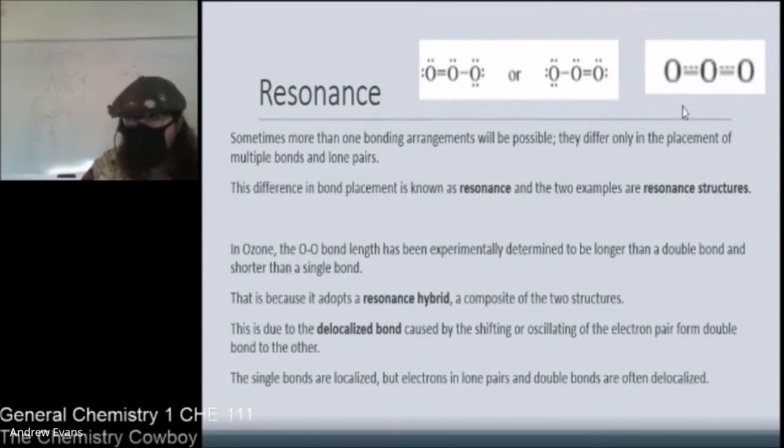And in fact, this stabilizes both of these structures. If I was just the left structure or the right structure, it would be relatively easy to remove that single oxygen. But because I have the possibility of this mixture, both are stabilized.